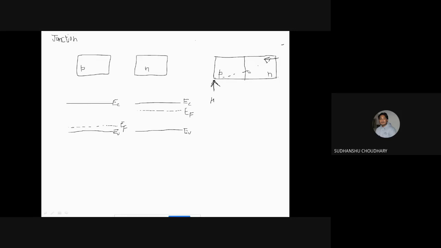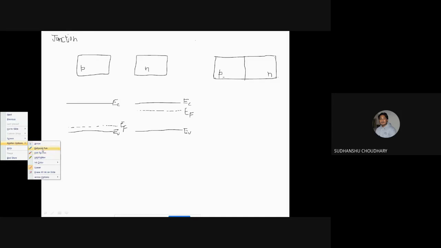So obviously we understood by the definition of diffusion that whenever you have a concentration gradient, the carriers will diffuse from a region of higher concentration to a region of lower concentration, right? So that means the holes will start diffusing, not moving, from P to N, right?